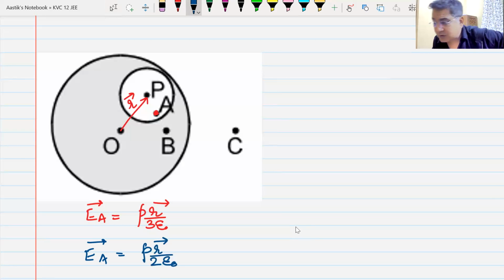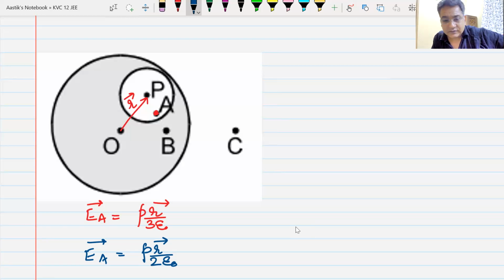So remember, whatever question we had done for a sphere with a spherical hole, we had given a lot of time to find the answer. The same question can be done for a cylinder with a cylindrical hole. The only difference will come if you write the answer in terms of rho: wherever there was a 3, here a 2 will come.